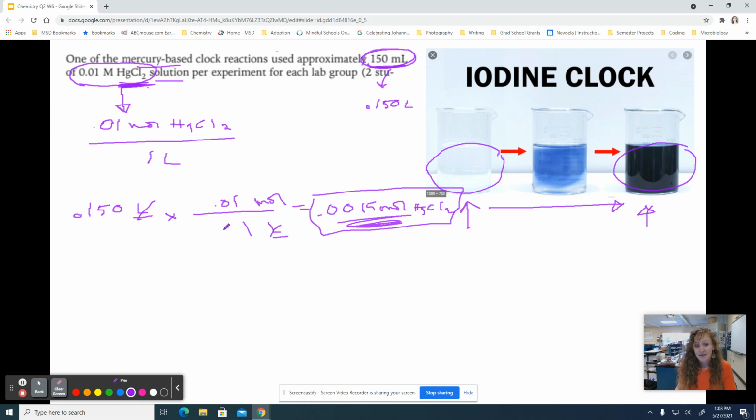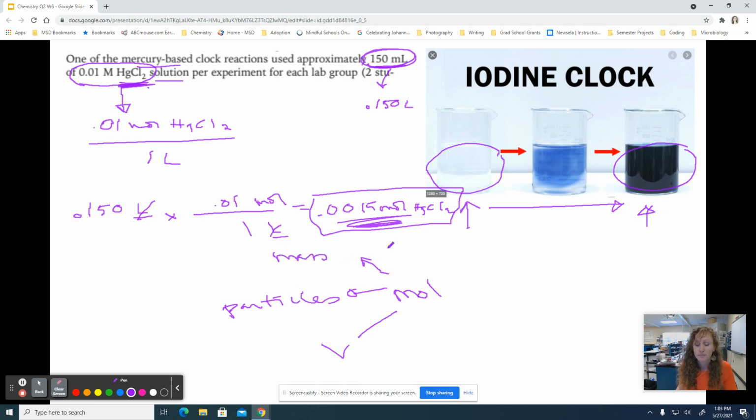Now, that may not mean a whole lot to you in terms of moles, but remember, once you get into moles from volume like we just did, now you can go into particles. We could figure out how many atoms of mercury we would be putting into the environment, or you can go into mass.